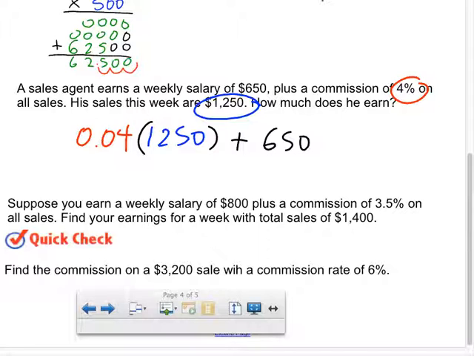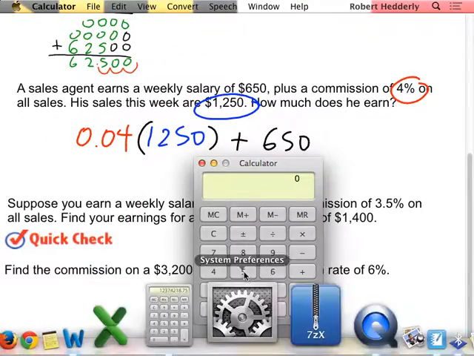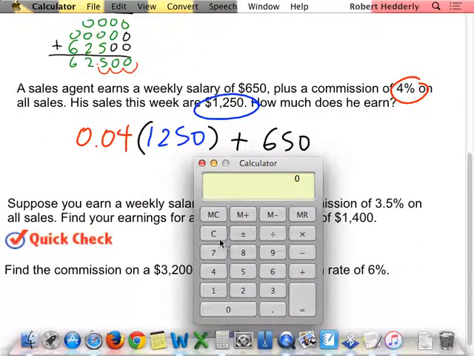Actually, we're short on time, so I'm going to go ahead and calculate this. So, clear. 4 times 1250 equals $5. Is that all I got?